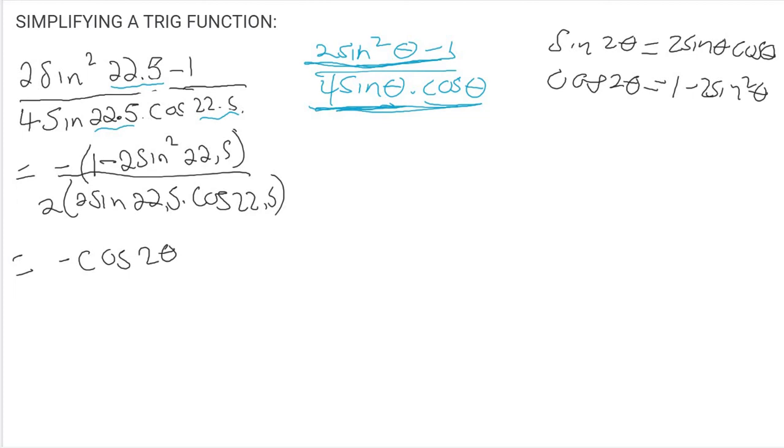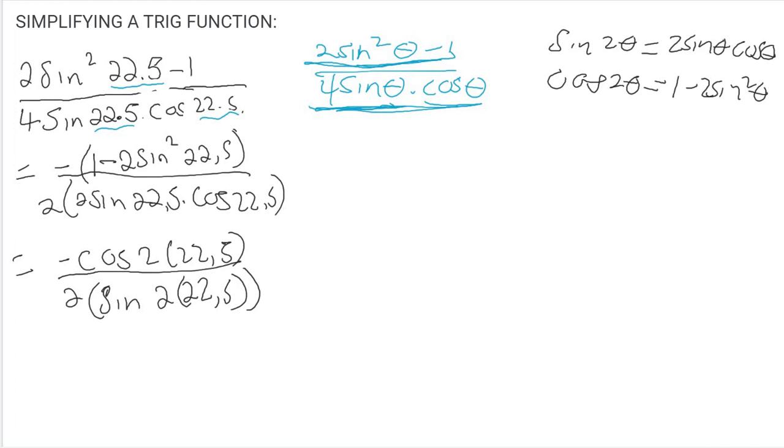And for the bottom, our theta here is 22.5, and then 2 sine of 22.5 cos 22.5 becomes sine 2 times 22.5. Why do I keep on writing theta? This is 22.5, then close bracket.